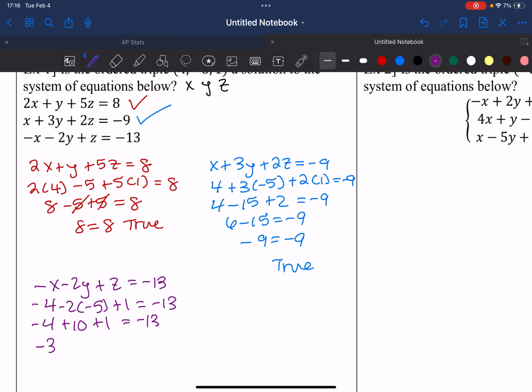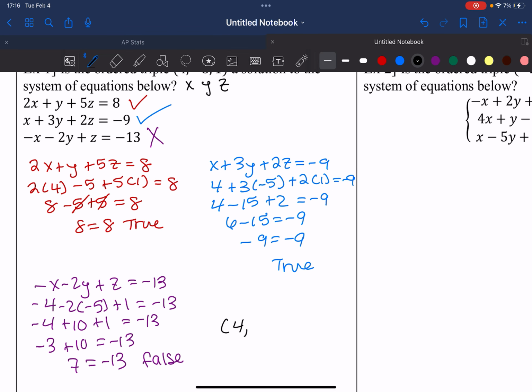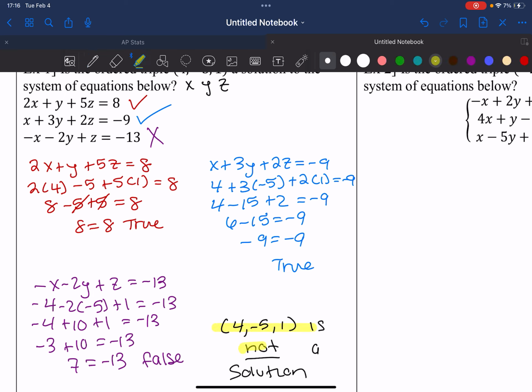Negative 3 plus 10 is equal to negative 13. 7 is equal to negative 13, which is false. So since we got one false, that means that the point 4, negative 5, 1 is not a solution. And this is our answer.